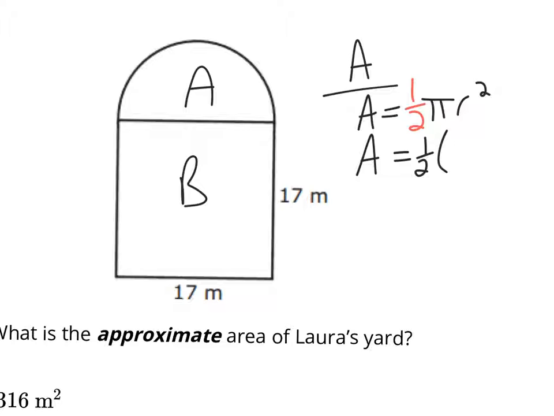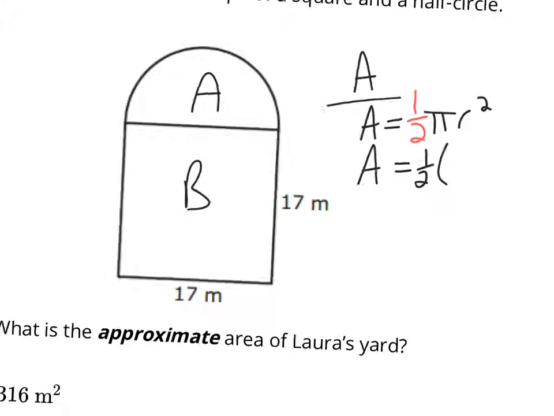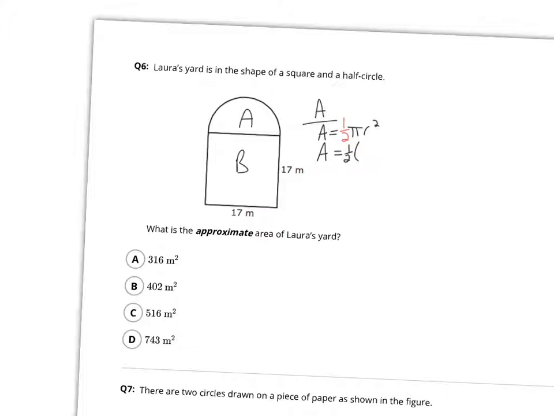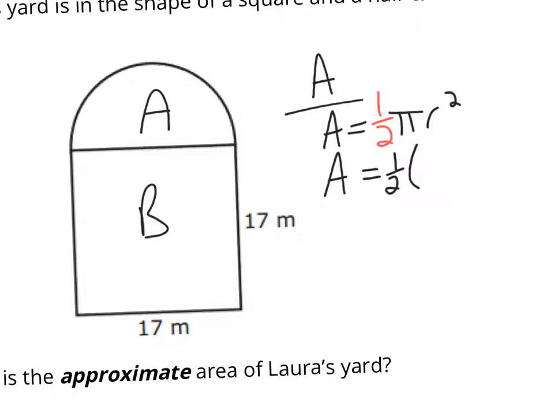So approximate area, I think we were using 3.14 for pi here. It doesn't say, but okay, we use 3.14 for pi. And what we have to watch here, our radius is what we're wanting. 17 actually would be going all the way across.